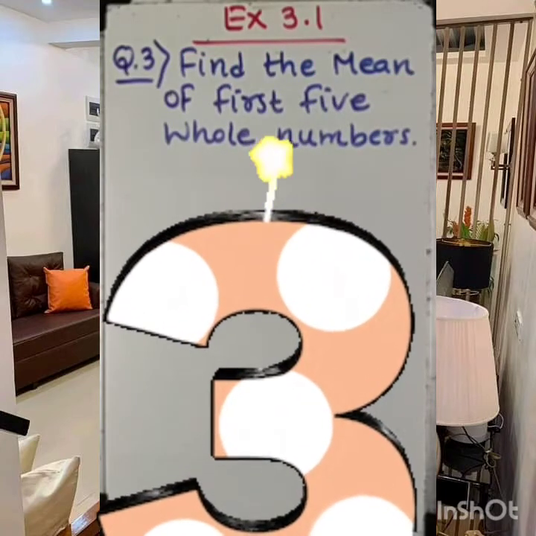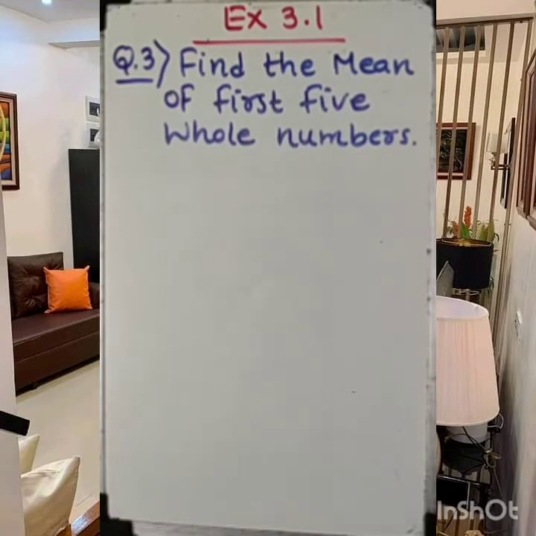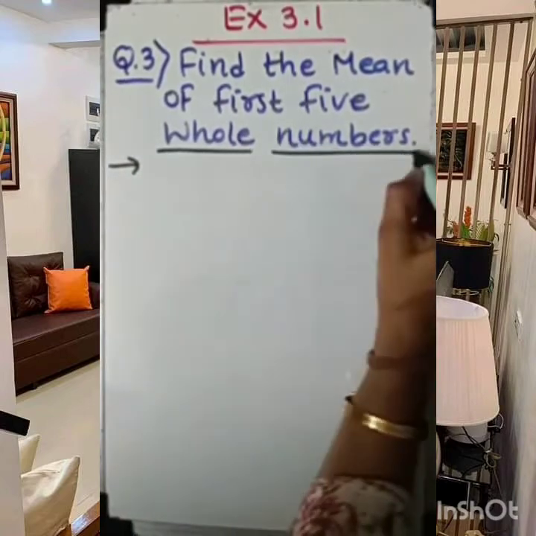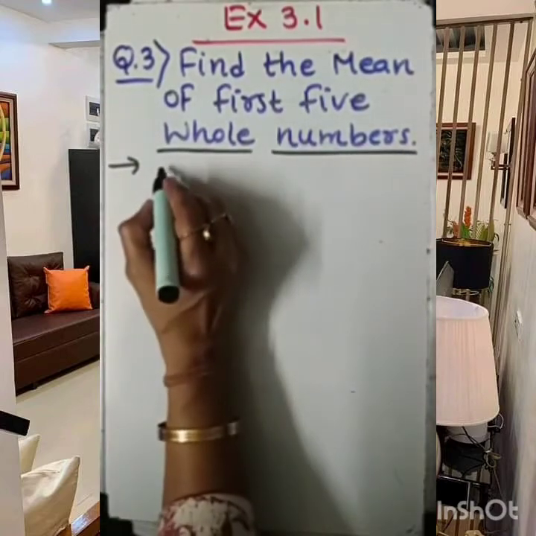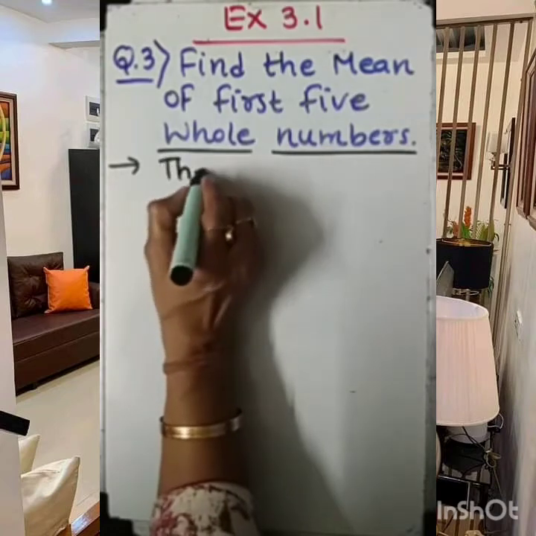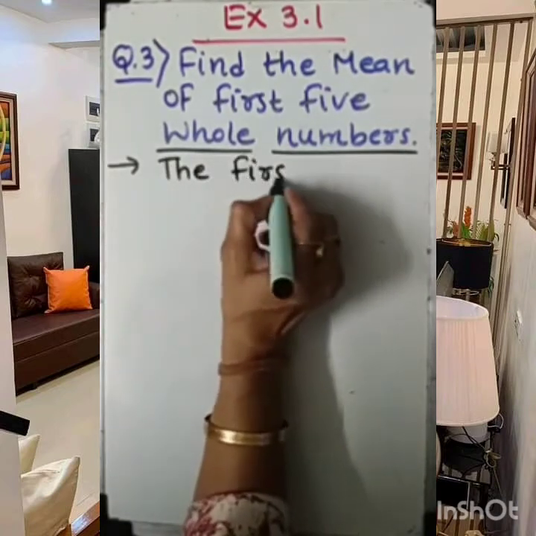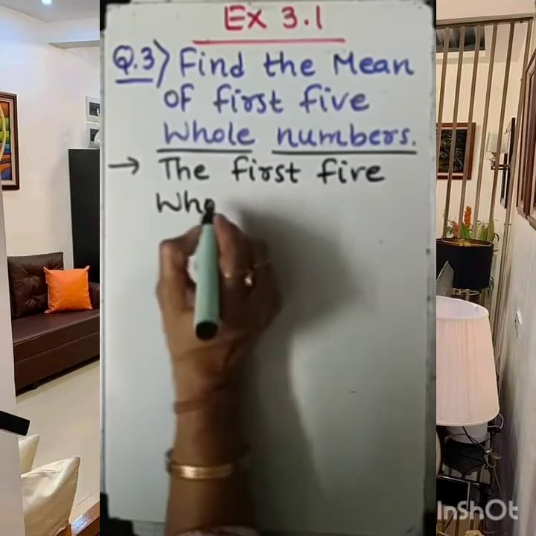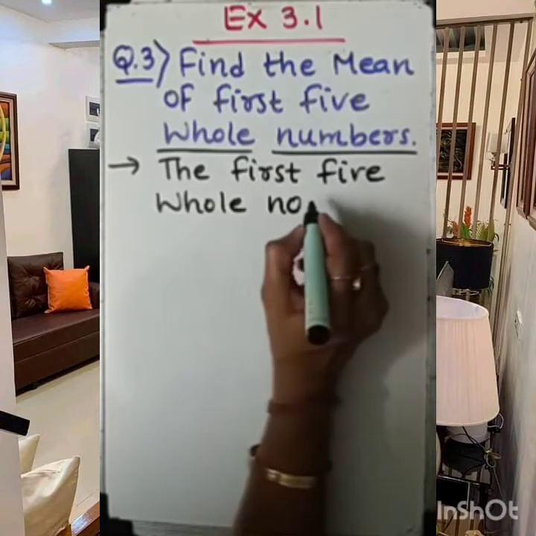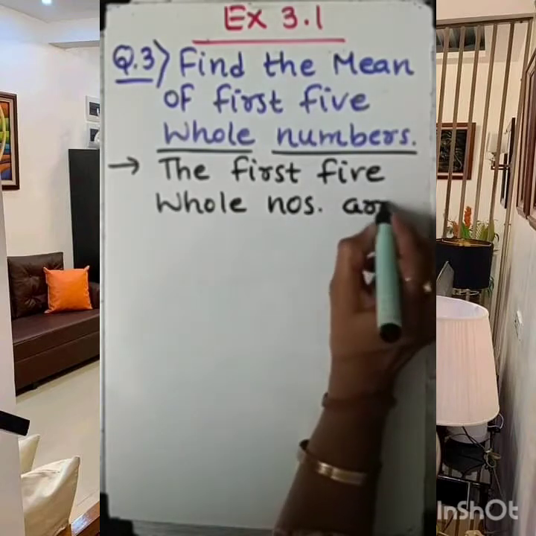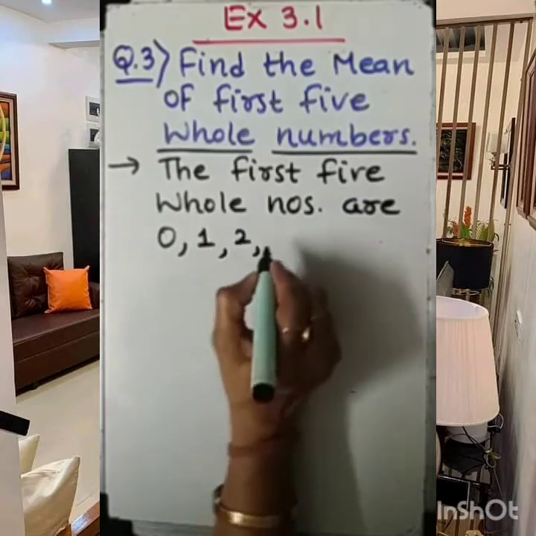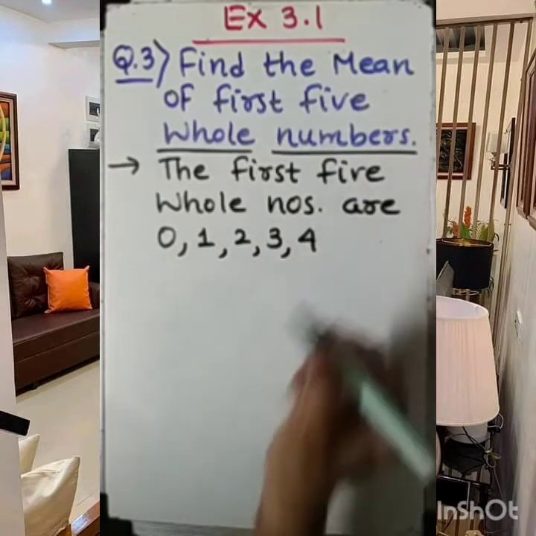So my dear student, question number 3 is on your screen. Find the mean of first 5 whole numbers. So dear student, whole numbers, we know it begins with 0. So we need to mention the first five whole numbers are 0, 1, 2, 3, 4.